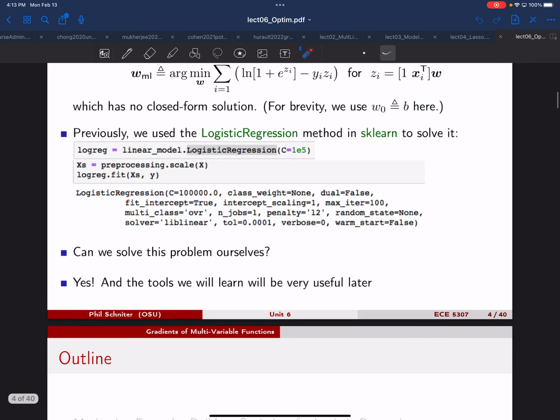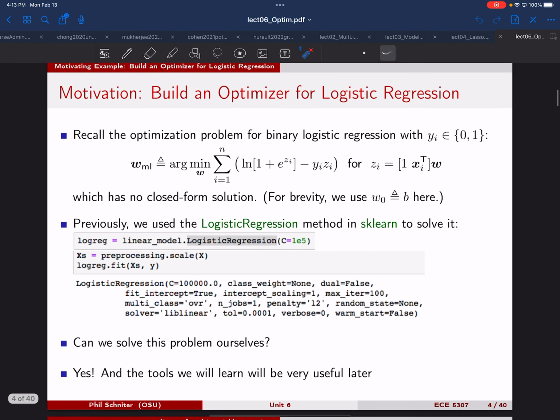Okay, so yes? The C is for regularization? The C. Oh, yeah. Right. So I think in the last unit, one of the things that you learned was that by default in sklearn, this method includes L2 regularization.